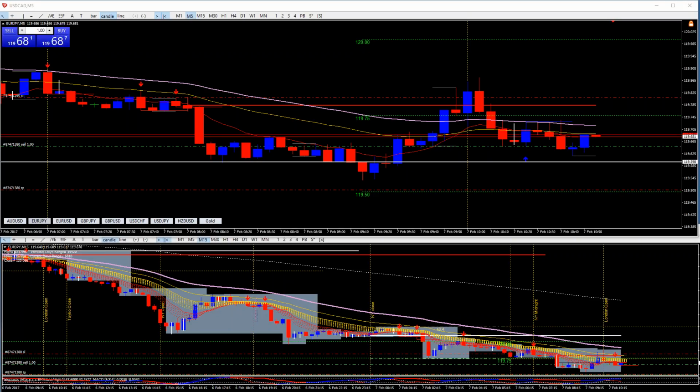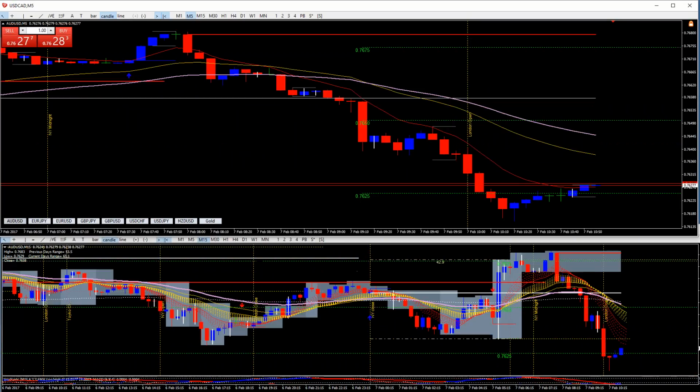So let's continue on here. Let's see if there's any other trades that we can get ourselves into. All right, so we had an inside bar here at the 25 on the AU. The market is down on the AU. There is a pullback happening, so it's not a trade that I'm interested in.